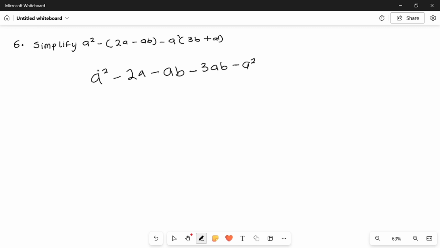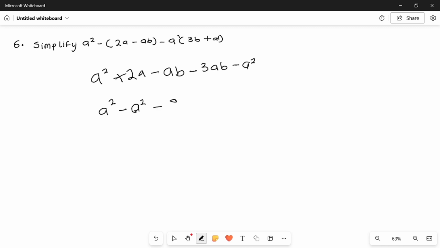So next up, we are going to collect like terms. This is going to be a square, right? A square is here, a square is here, minus a square. This is supposed to be plus, sorry.